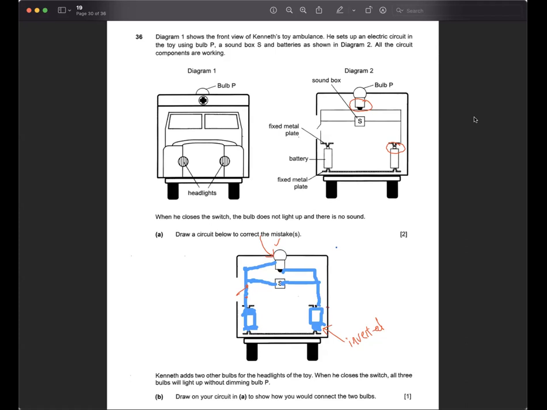Come on, one more question. How are you going to connect the two bulb? Okay, the two bulb is the headlight. So how are you going to connect them? So that it will light up without dimming P. Rainy is doing, okay. So this one is P. So how are you going to connect so that the P will not be dim?